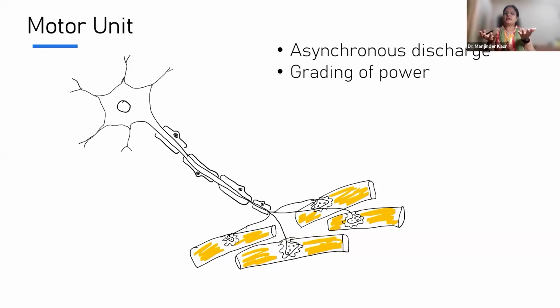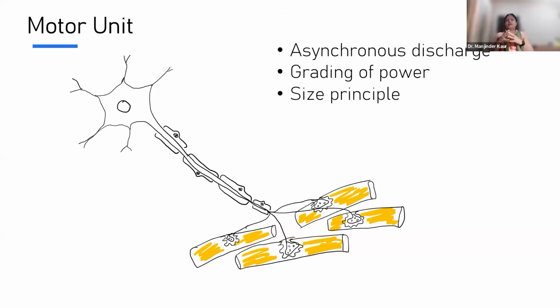And how will you get this power? More number of motor units will fire and more muscle fibers will contract, and you can grade the power, or we can say the CNS actually grades the power, and this results in the better response by increasing the power, or we can say there is more recruitment of the motor units. So this is one of the properties.